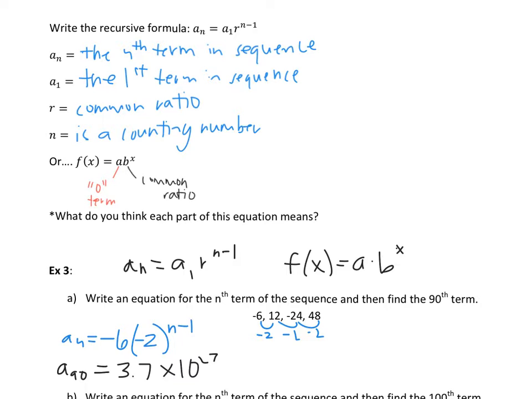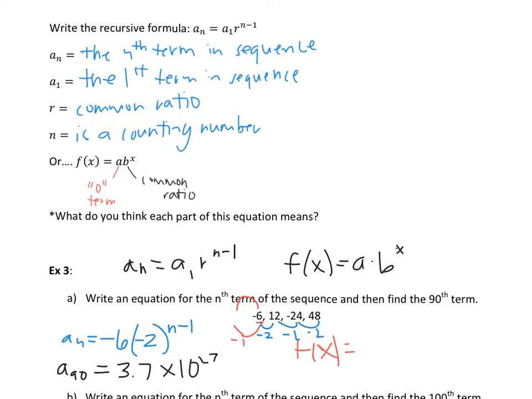Okay, so now let's check using the f of x equals a times b to the x, not the recursive formula, but the general formula, right? So f of x equals, now a is your 0 term, so -6 is your first term, so you have to work backwards to find that 0 term.